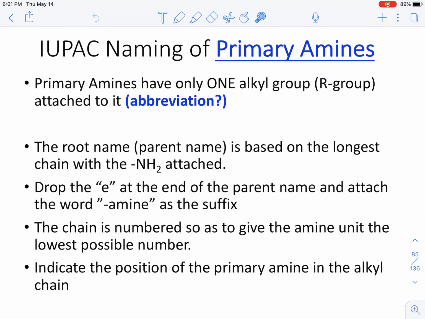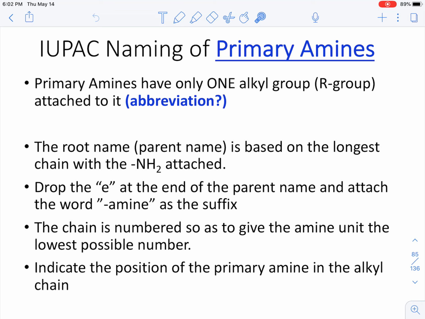Okay, so now that we've gone over the basics of amines, let's talk about how to name amines using the IUPAC nomenclature. Since amines are classified as primary, secondary, and tertiary, there are actually three separate rules for naming amines.